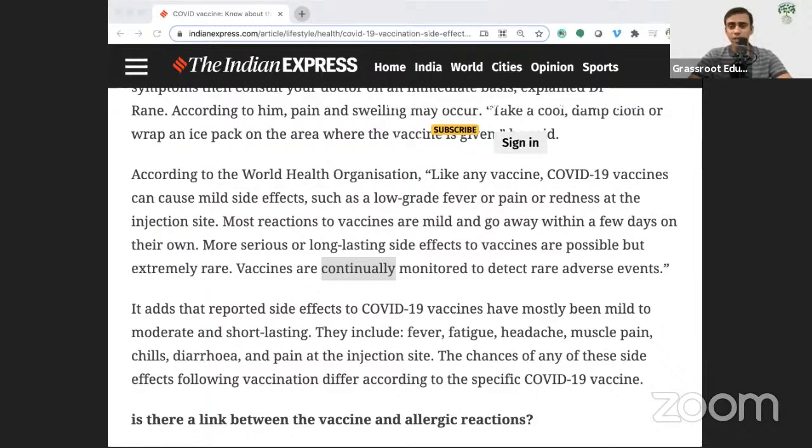Good, very nice. All those who did it, Kinjal, Aruna, good. Vaccines are continually monitored. Why can't I say vaccines are continuously monitored? What do you think is the difference here? What do you think?